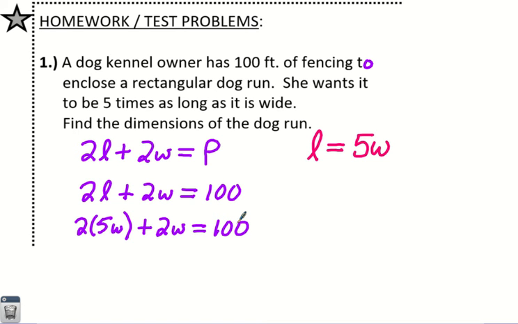But if you have an equation with only one variable at a time, you can solve it. Which is what we have right here. Now, with that little substitution trick, we have an equation with only W in it, which we can proceed to solve now.